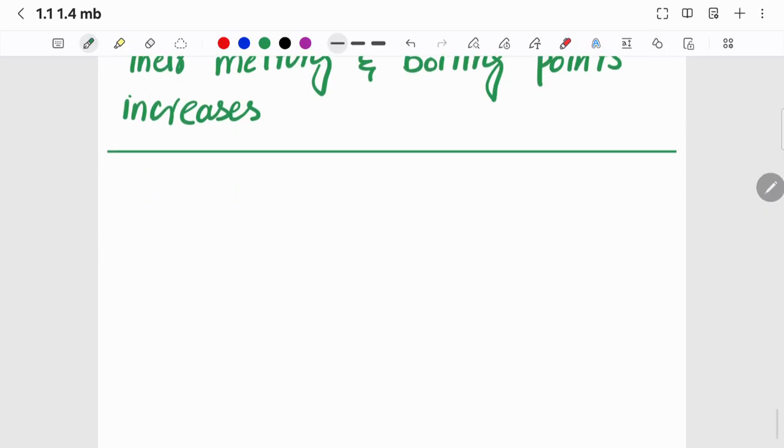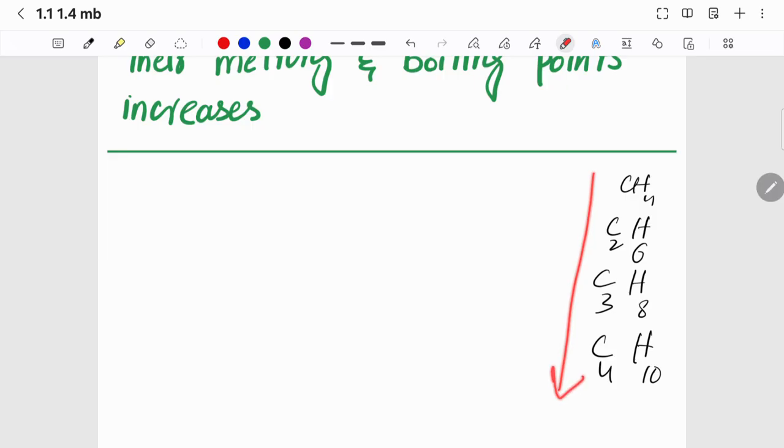When we move down the series, for example, we have methane, then we have ethane, then we have propane, then we have butane. So can you see the number of atoms are increasing when we move down the series? So as the molecular size increases, the force of attraction between the molecule also increases. So what could be the shortest and easiest reason for that?